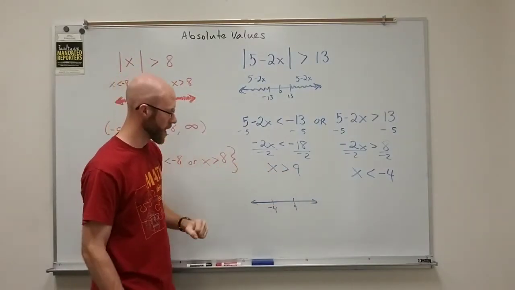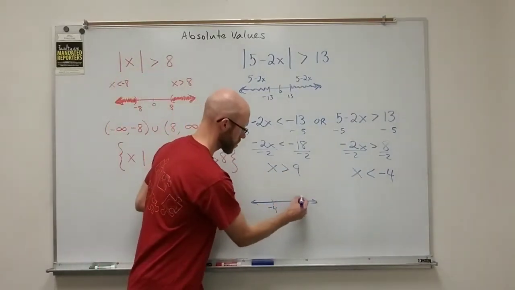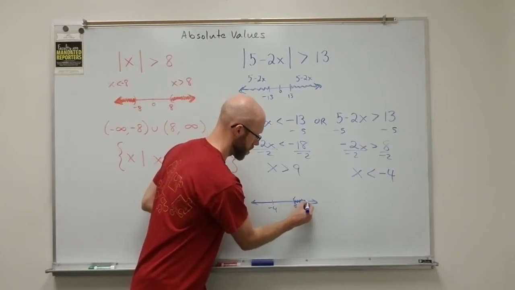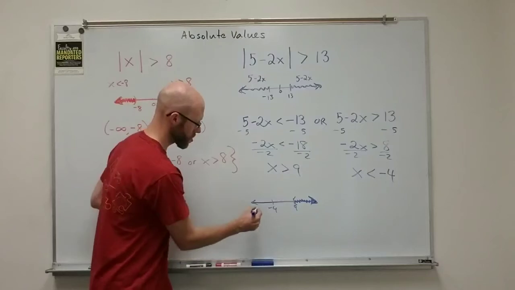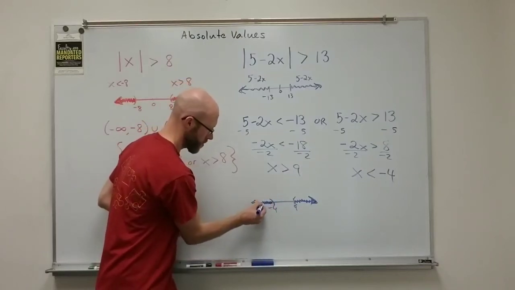I get x greater than 9, so that's going to be everything out to the right. And I get x is less than negative 4, so that's everything to the left of negative 4.